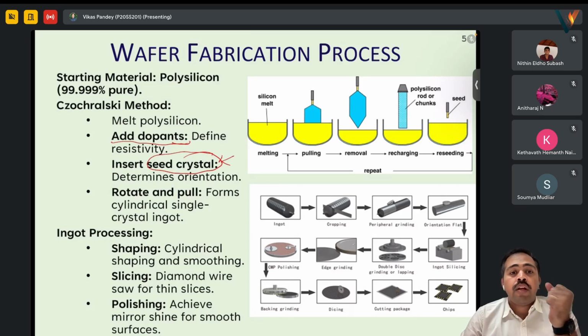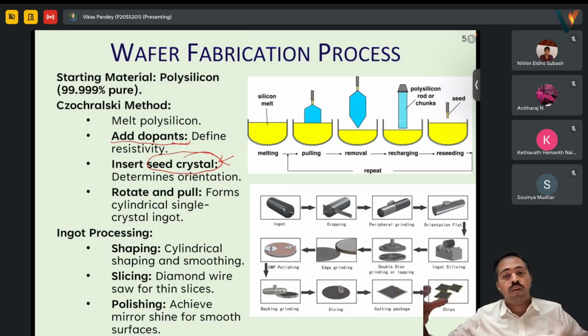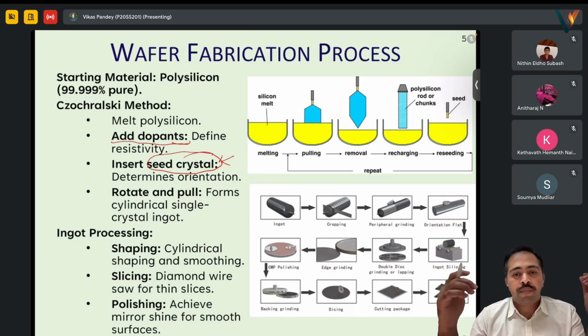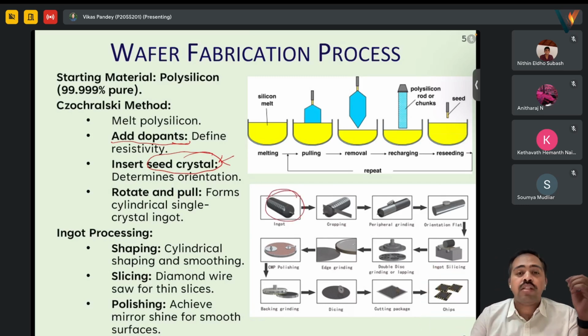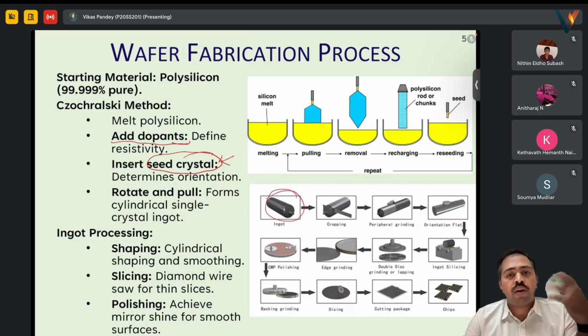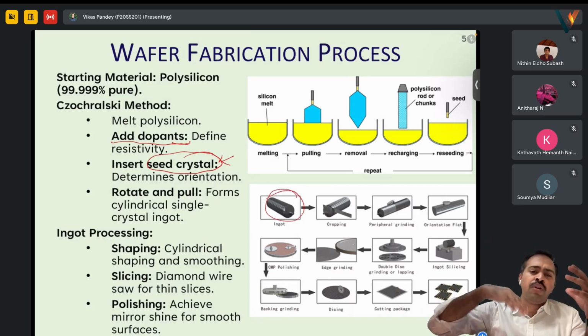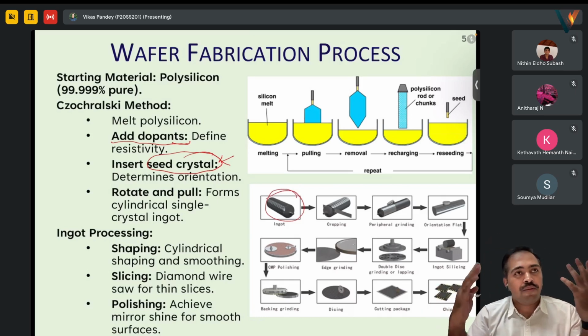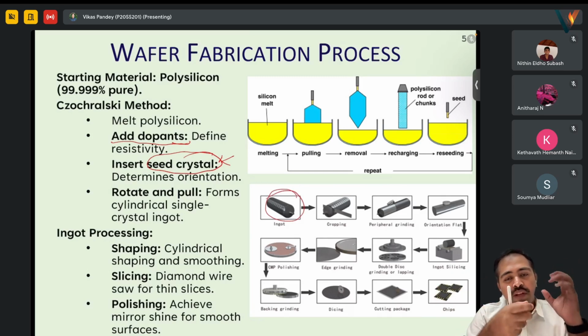Then a cylindrical thing is obtained, as you can see here, and this is called an ingot. Nowadays it is a big cylinder, going beyond your height, 5 to 6 feet thick.